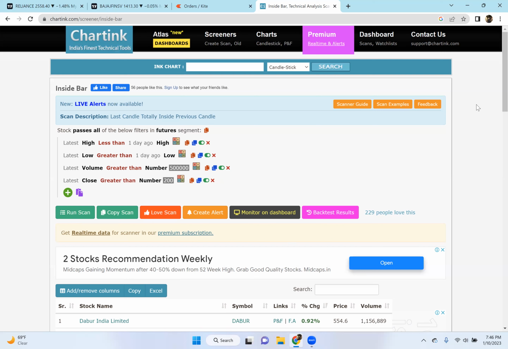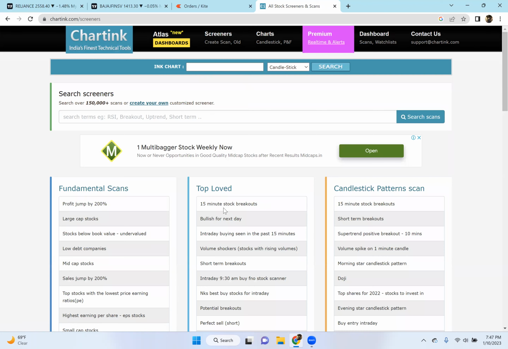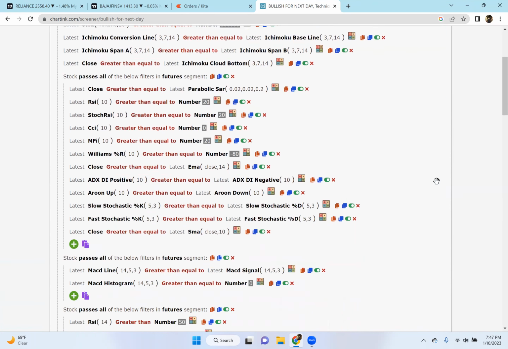Okay, so this is the scan. A lot of great scans are there. You go here, there are things like what is bullish for the next day. So these are all again set up, right? As you can see, there are so many conditions here. Based on all those conditions, it tells you what is likely.